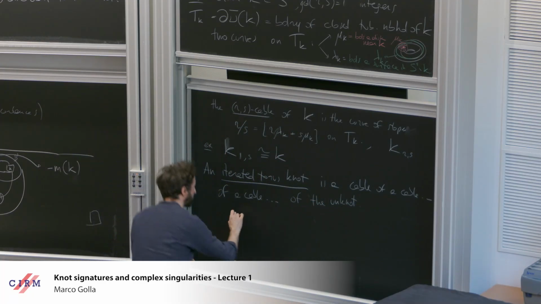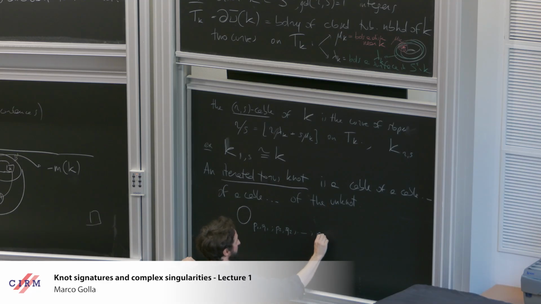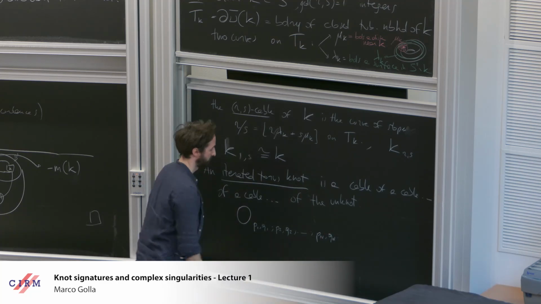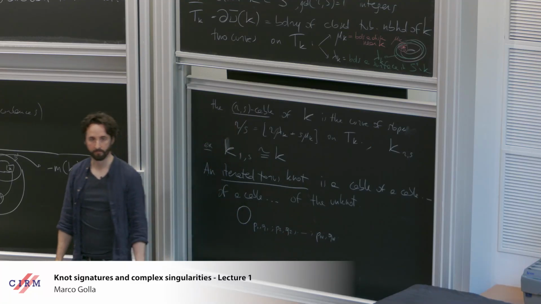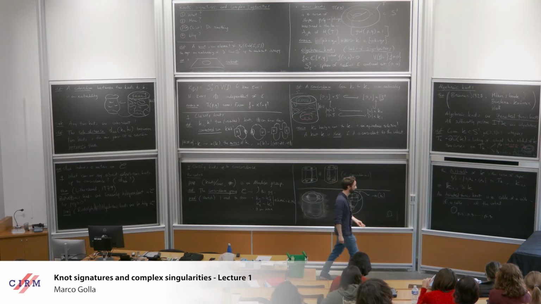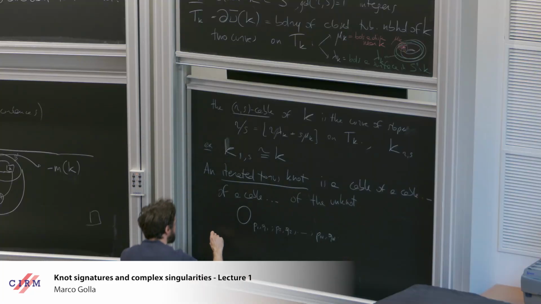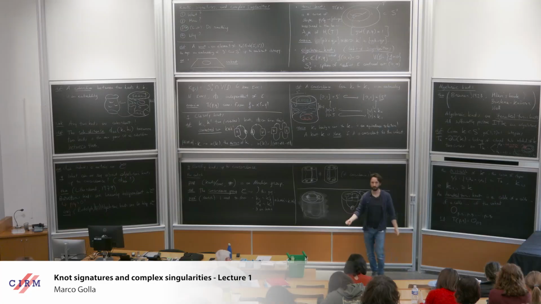So it's something that will look like a knot with parameters P1, Q1, P2, Q2, and so on, Pn, Qn. So this is the Pn, Qn cable of whatever is there before. So I played this game of Russian dolls somehow with the neighborhoods of the knots, and I keep threading curves on the boundaries of these neighborhoods. So for instance, T_PQ, this is the PQ cable of the unknot, pretty much by definition.